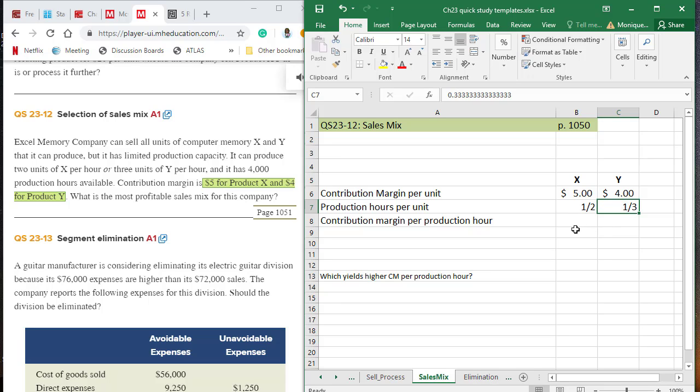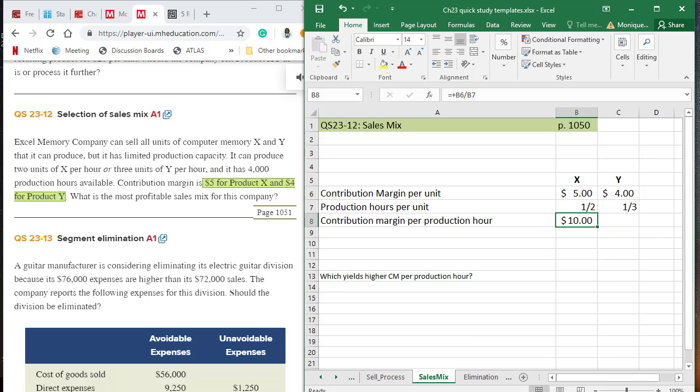So what we're going to do next is we want to take the 1/2 and figure out the contribution margin per hour as it relates to product X. And the only way to do that is to take the 5 divided by the amount of time it takes.